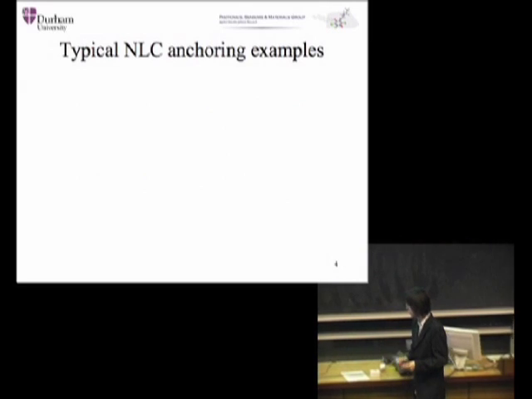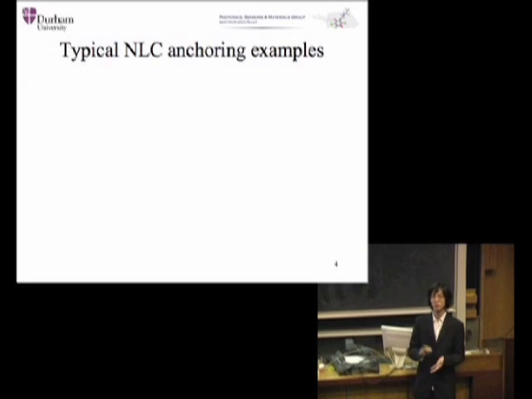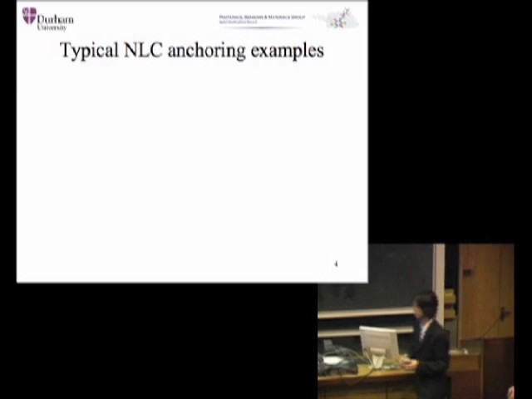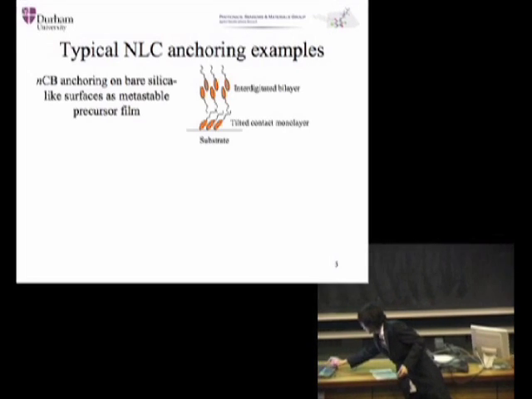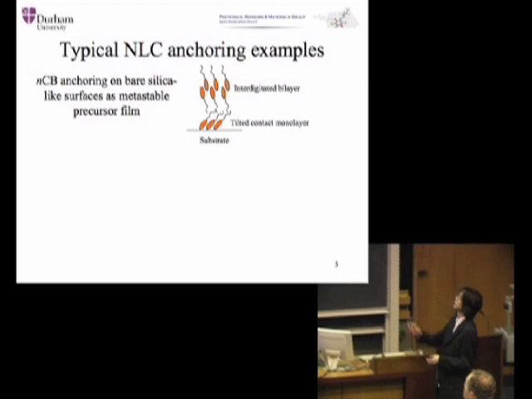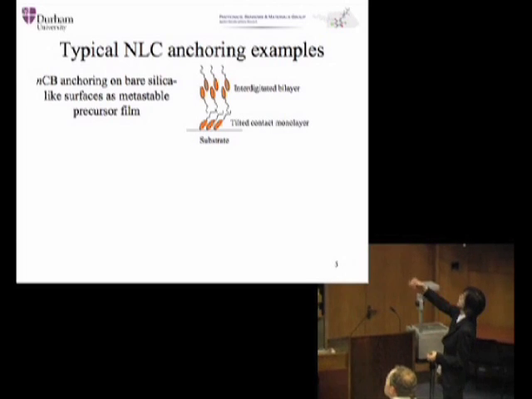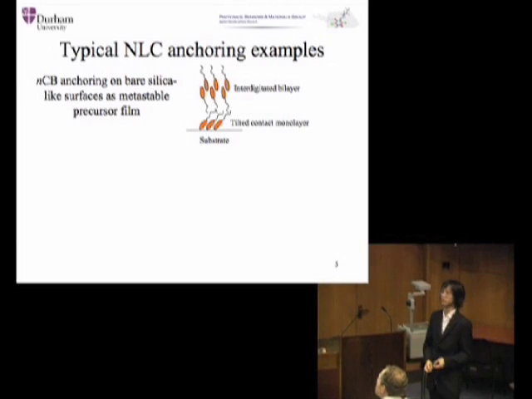So for the general nematic liquid crystal anchoring structures, we have at least three main types. The first type, which is also the most important one, is the NCB molecules anchoring on barycentre-like surfaces with a tri-layer structure.